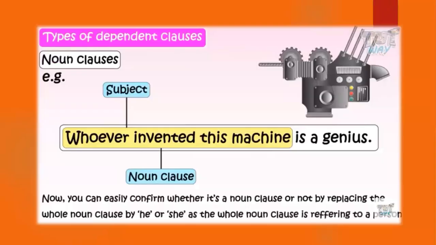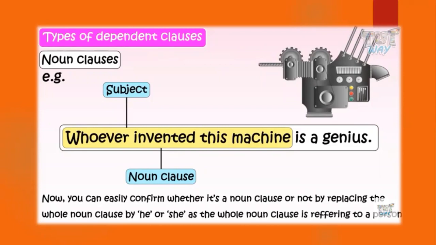See, one example. Whoever invented this machine is a genius. So whoever invented this machine is the noun clause, and it is the subject, is a genius.